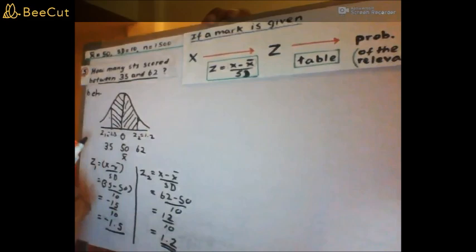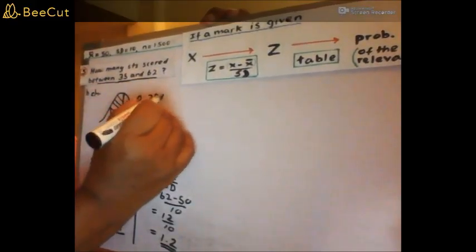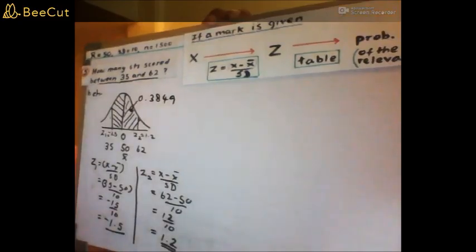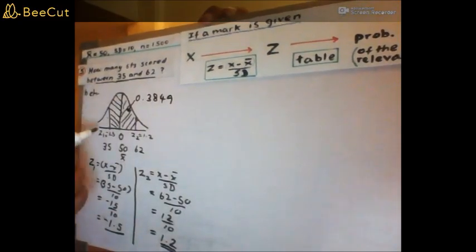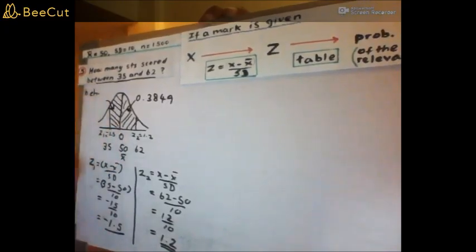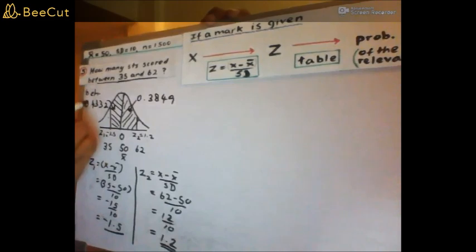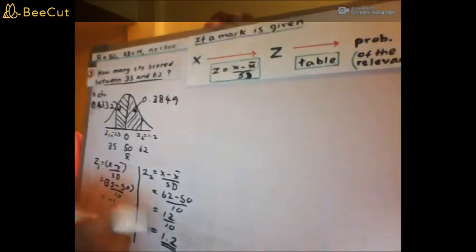What's the probability for 1.2? 0.3849. For minus 1.5, you know that there are minus probabilities on the Z table. For 1.5, 0.4332. Then I will write the lines.